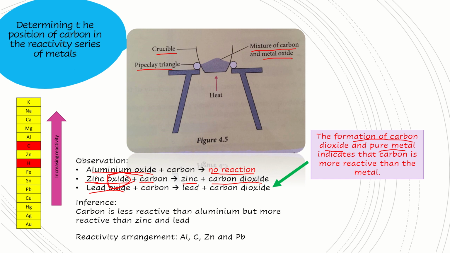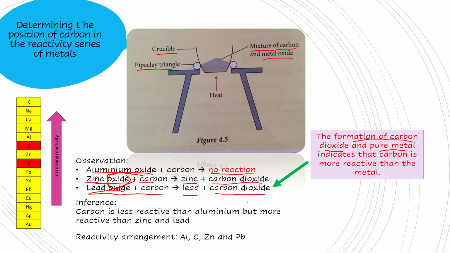Okay, now we proceed to lead oxide. Sama juga macam zinc oxide tadi. When lead oxide reacts with carbon in this crucible and we heat the mixture, we get pure lead and carbon dioxide. The formation of carbon dioxide and pure metal ni menunjukkan carbon ni adalah lagi reaktif.